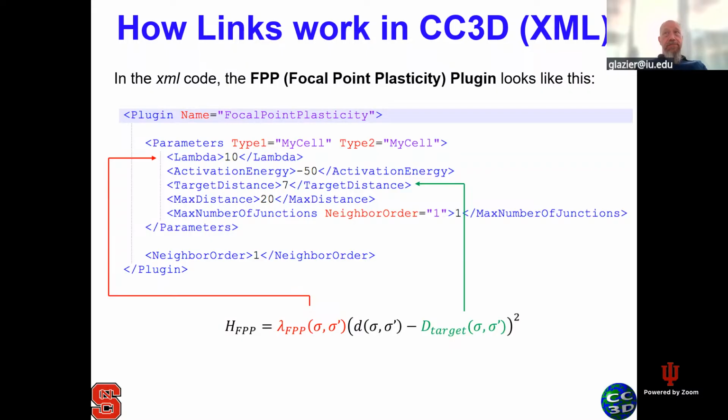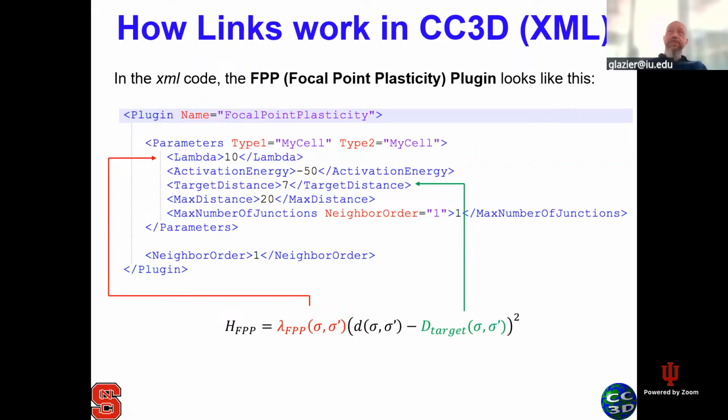And I actually don't know what that second neighbor order specification does. Do you know, Pedro? One is for forming, which is the one in max number of junctions.